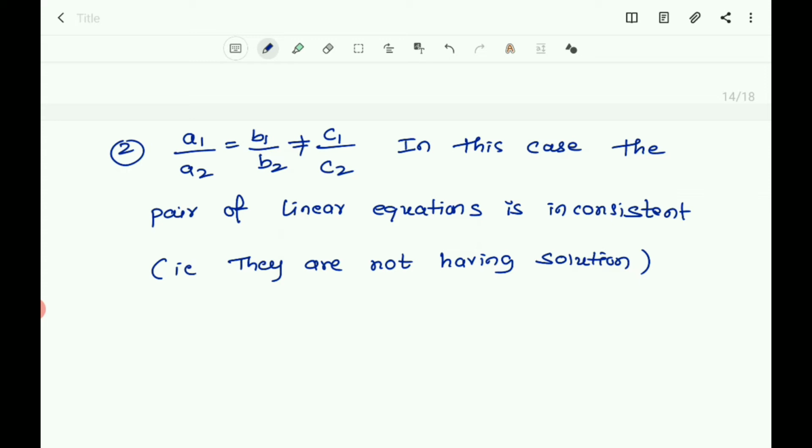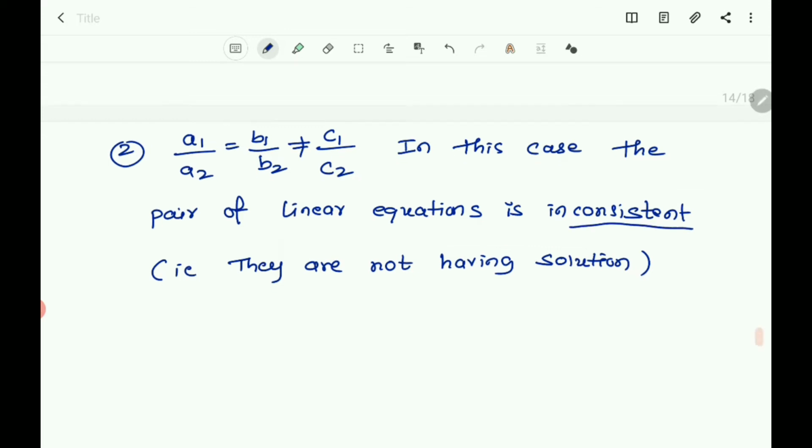If a1 by a2 equals b1 by b2 and not equal to c1 by c2, there is no solution, that is, the pair of linear equations is inconsistent.